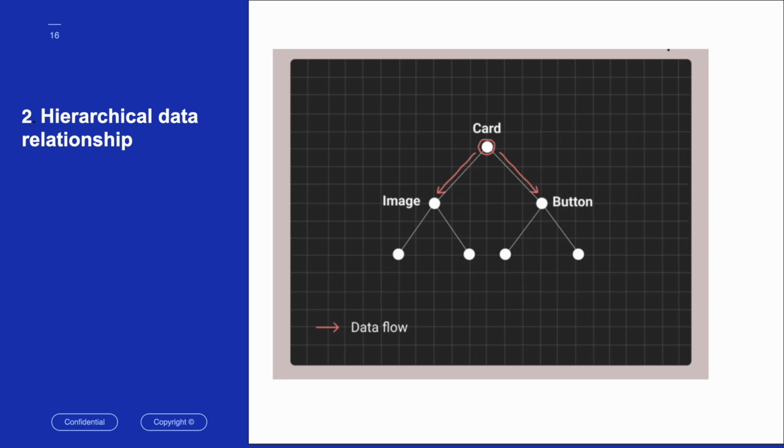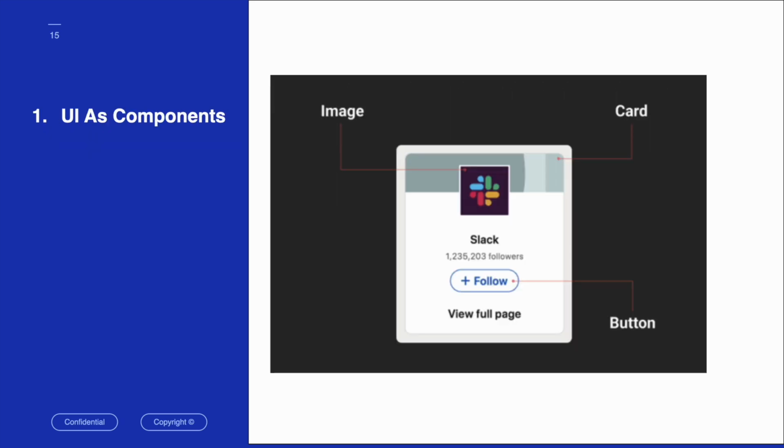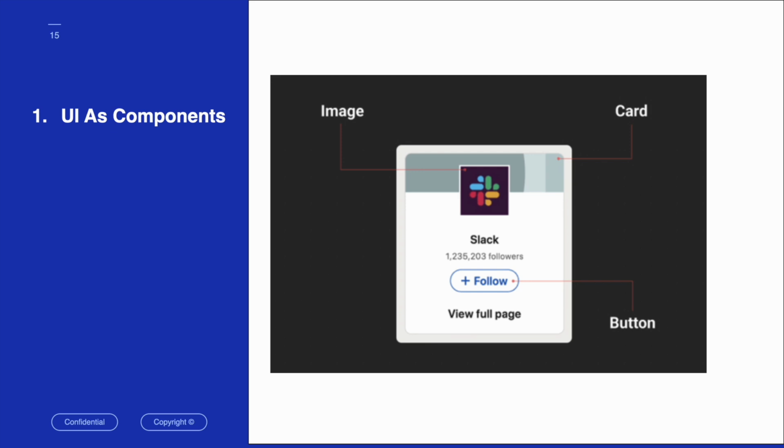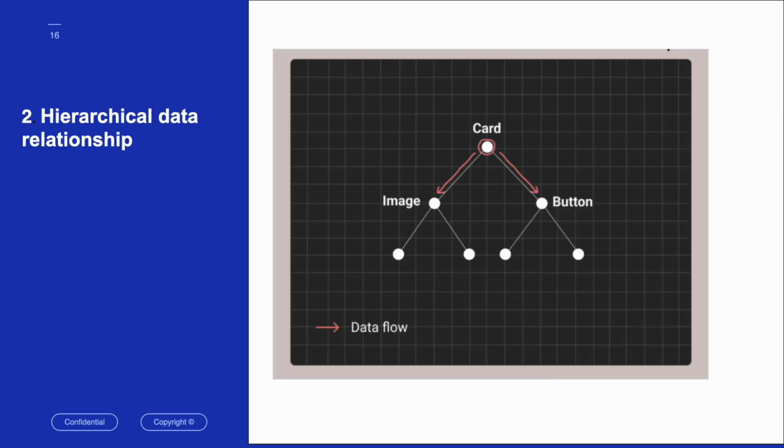The image component is responsible for showing that particular image on the card, whereas the button component is responsible for showing the follow button inside your card. So that's pretty much the hierarchical data relationship.